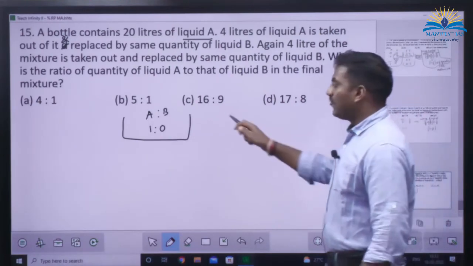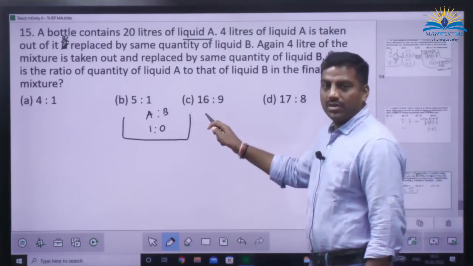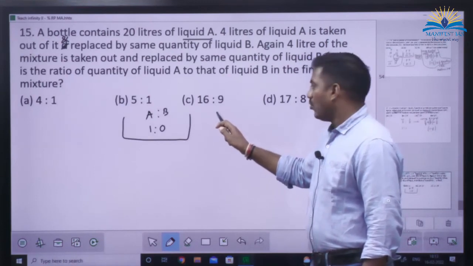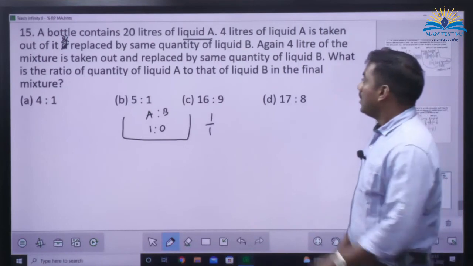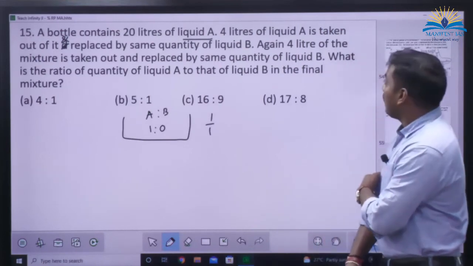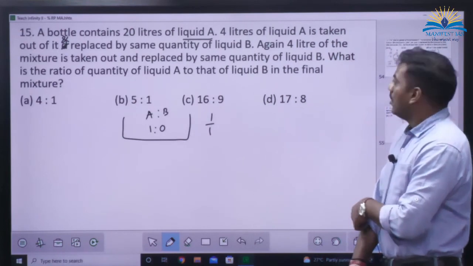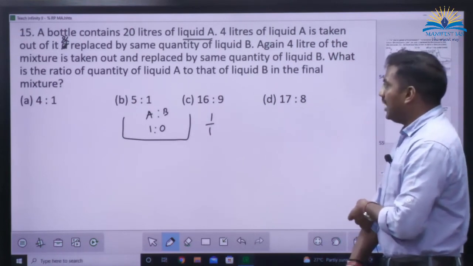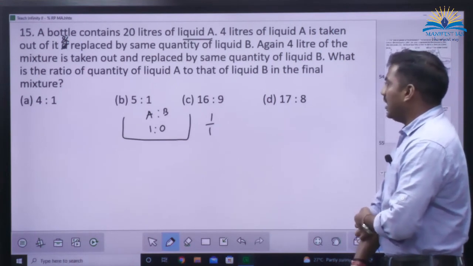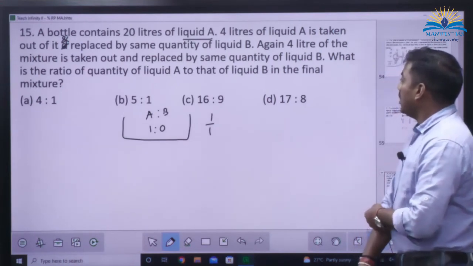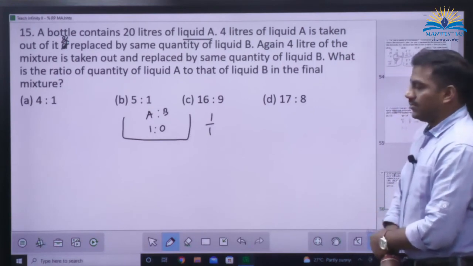But what is the fraction of A here? Fraction of A. 1 by 1, pure. Now, you are replacing 4 liters of A and adding 4 liters of B. What is the ratio of quantity of liquid A to the liquid B in the final mixture?